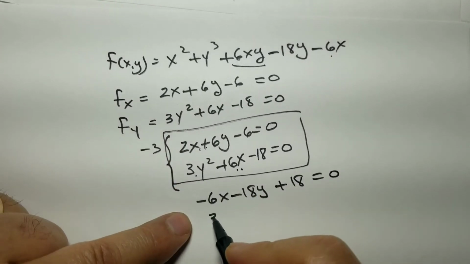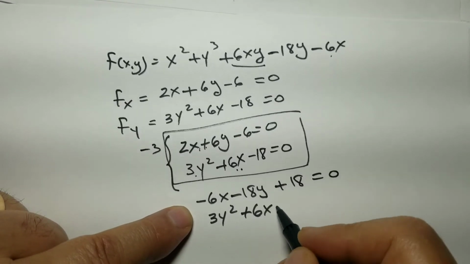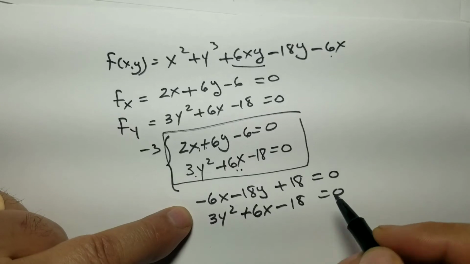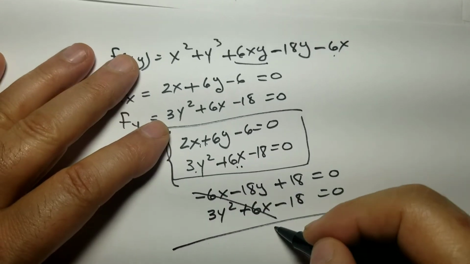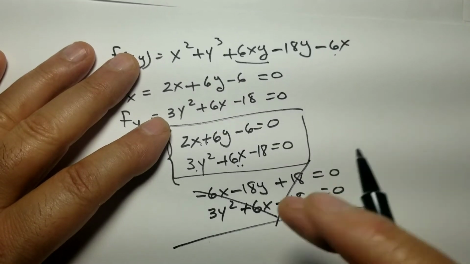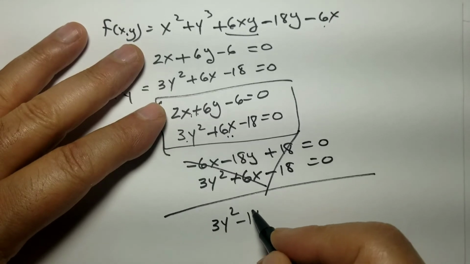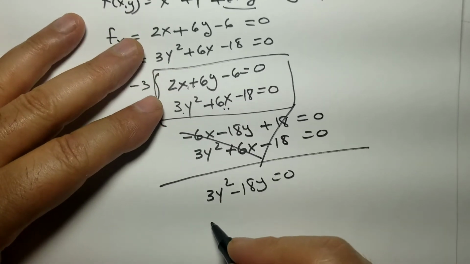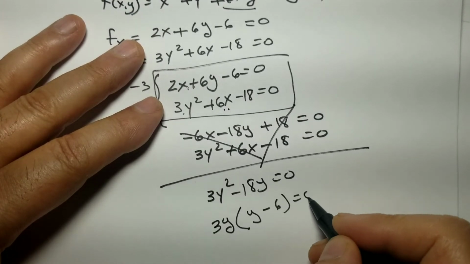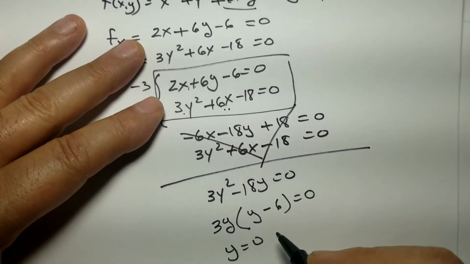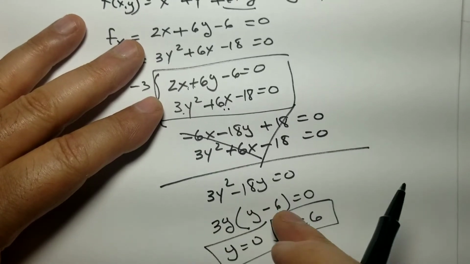Here, I'm going to copy it because I'm not multiplying by anything, because my x is going to have the same coefficient, opposite quantity. Oh, this is gone. Oh, that's gone too. Beautiful. I have 3y squared minus 18y equal to 0. I factor 3y. I have y minus 6. One answer is y equal to 0, y equal to 6. Please give me a call if I'm making a simple mistake here.